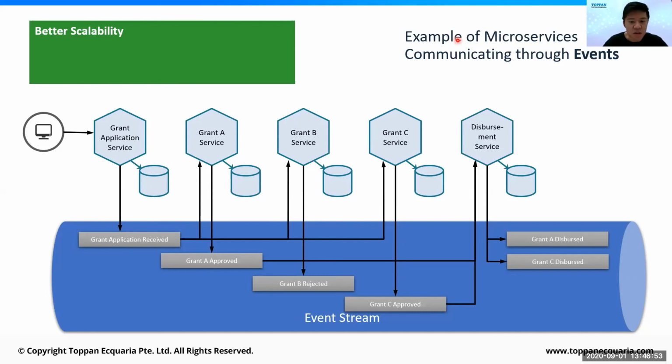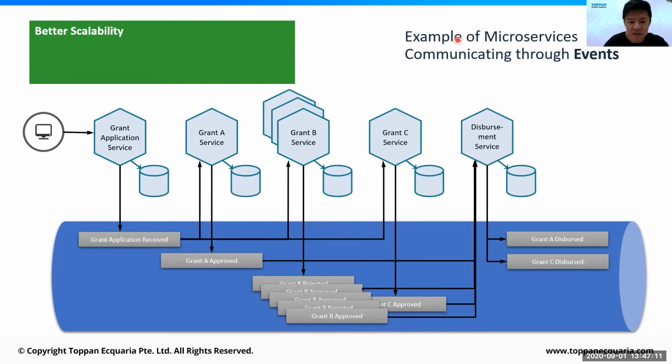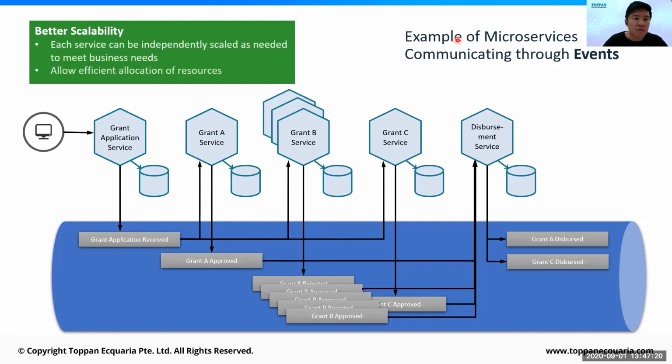So what happens is that once the grant B service processes its application, you simply emit the events to the event stream. The disbursement service will then pick up these events from the event stream for processing. Right? So there's no direct dependency on the disbursement service that will create a bottleneck. With this design, each service can be independently scaled as needed to meet business demands.